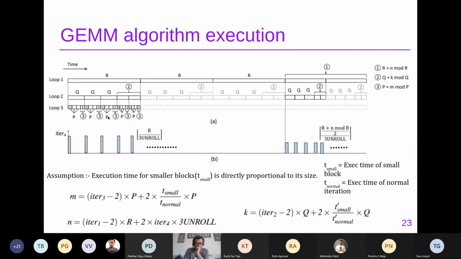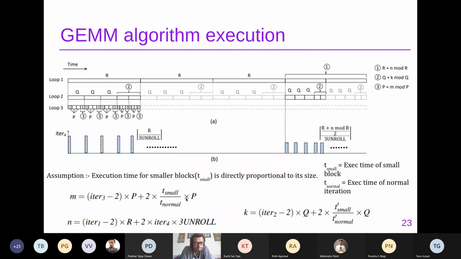I'll explain at a high level how we obtain the value m. In loop 3, which divides the dimension m into blocks of size p, the last iteration contains size p plus m mod p. Except for the last 2 iterations, they consider p as the size.